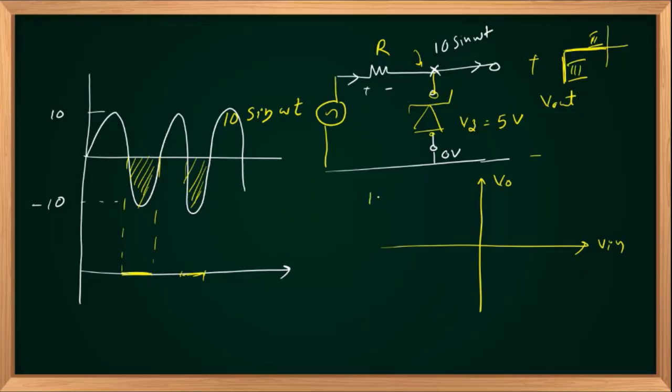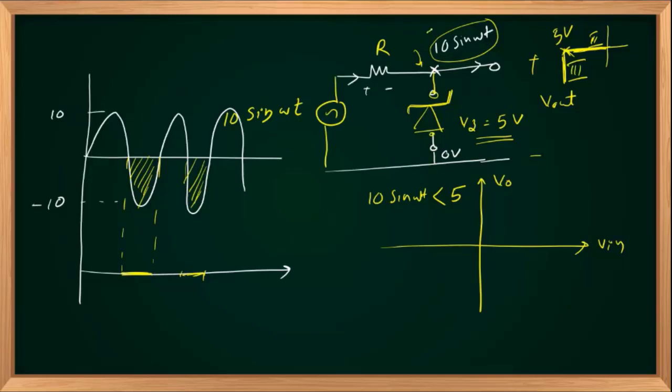When the 10 sin omega t value is less than the breakdown voltage, 5 volts, right? When it is open, the voltage is 10 sin omega t. If that value is less than the breakdown voltage, which is given as 5 volts, then Vin is less than 5 volts.